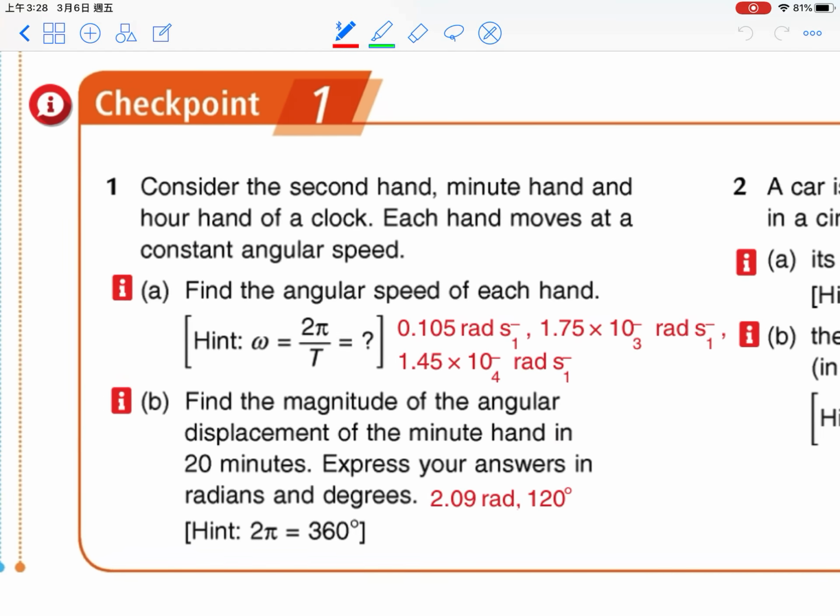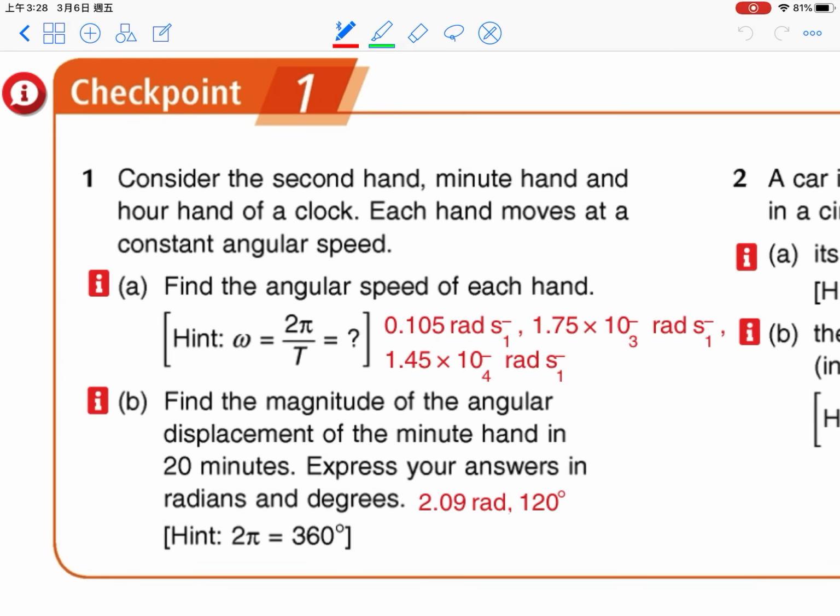Okay, let's check question 1. It's a clock, okay? Find the angular speed for the second hand, minute hand, and hour hand. So find the angular speed. Angular speed is omega, okay? Omega equal to 2 pi over T. So for the second hand, it will be 2 pi over 60.